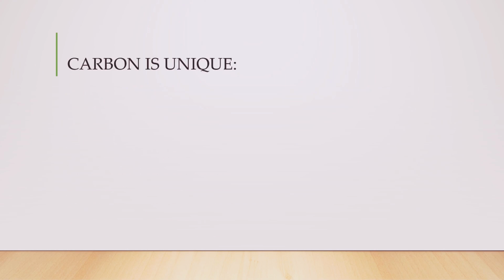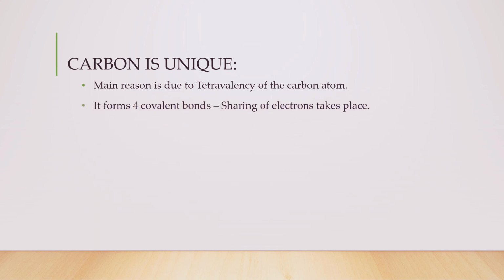And then, as we all know, the statement is that carbon is unique. Let's see the characteristics of carbon. As we all know, carbon has a valency of 4, so it is tetravalent. This is the main reason that it forms 4 covalent bonds. As we all know, covalent means sharing of electrons takes place. See this example, that is methane.